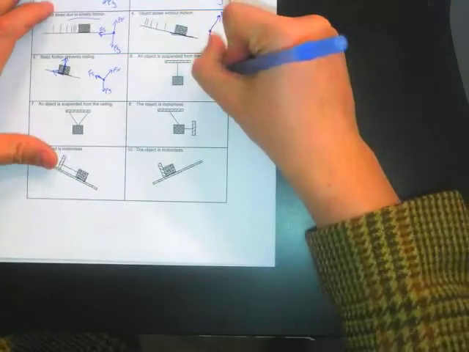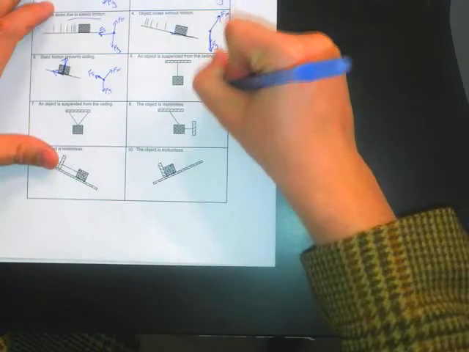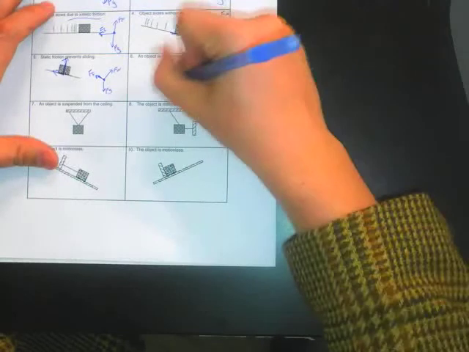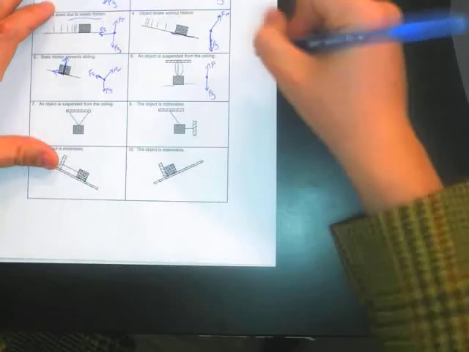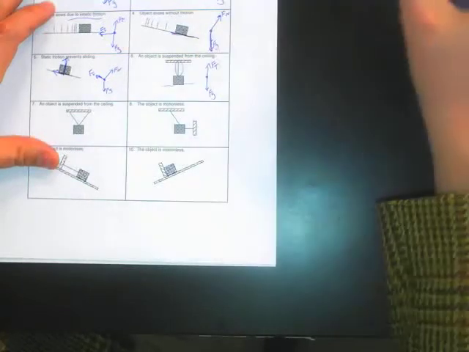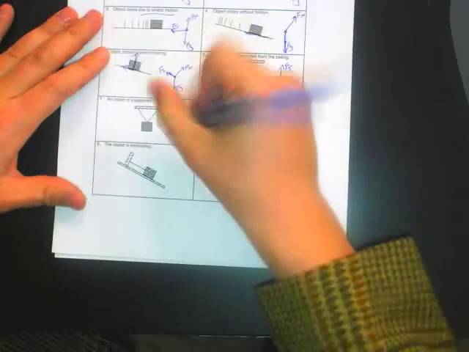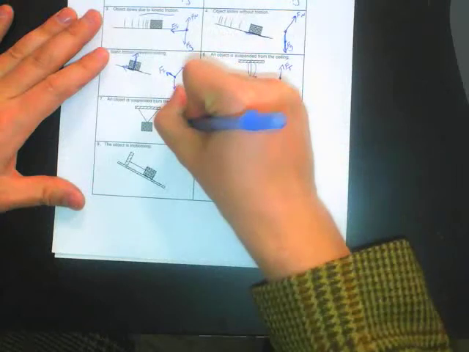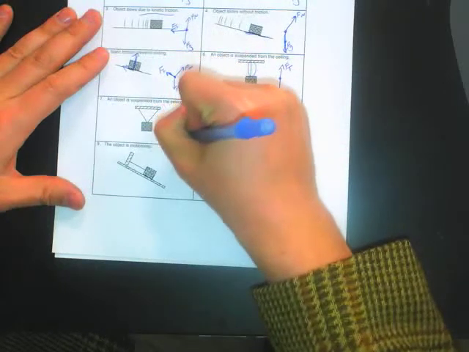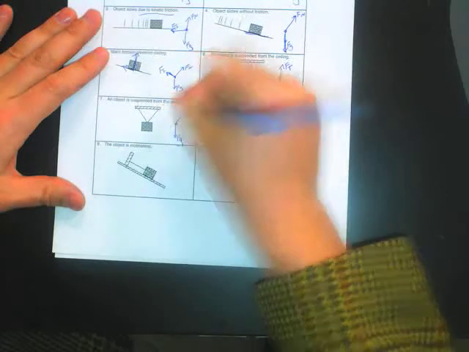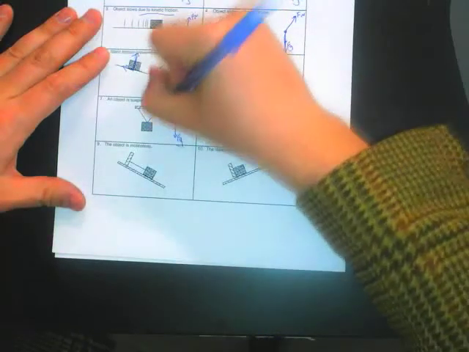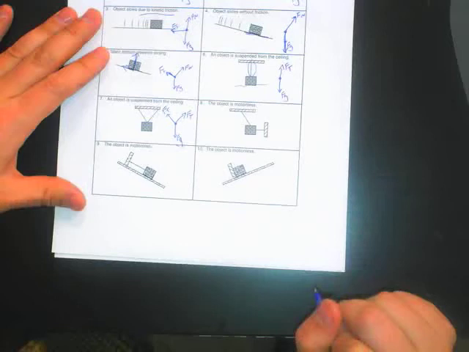Here we have an object suspended from the ceiling, so we have gravity downward. Now there's no surface that this thing is resting on, so instead we have the rope pulling it up, and we call that force tension. Okay. Now we have gravity pulling it downward. And then we have two tensions, one going this way and the other going this way, because tensions always go in the same direction as the rope.